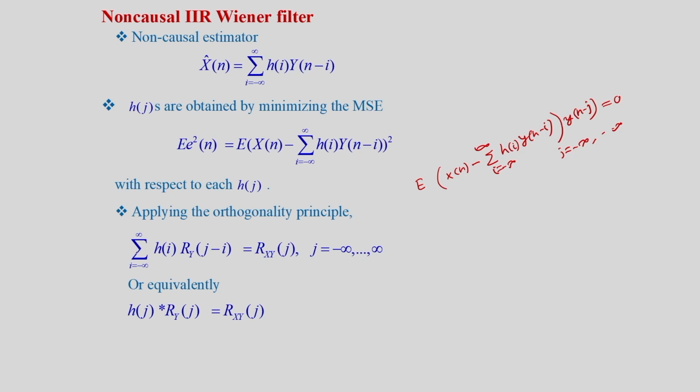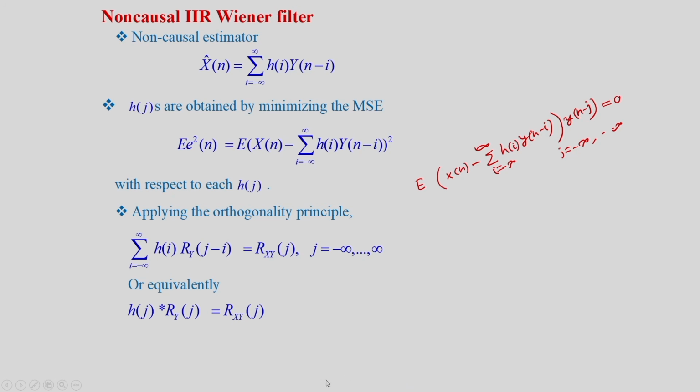So, summation hi into Ry of j minus i going from minus infinity to infinity is equal to Rxy of j. This is the Wiener-Hopf equation which is obtained by applying the orthogonality principle.